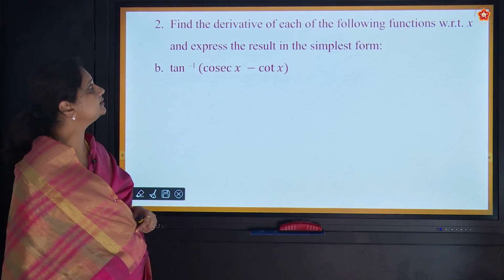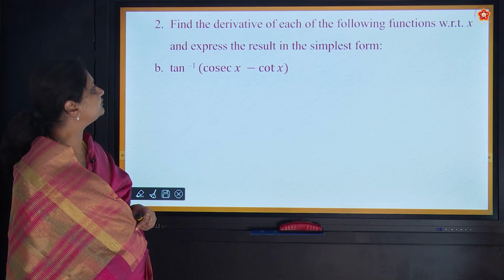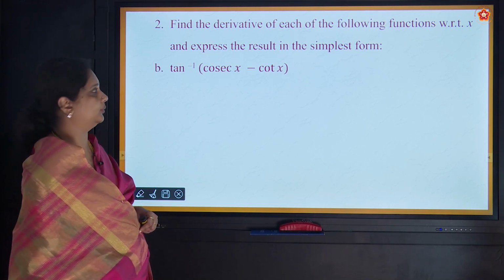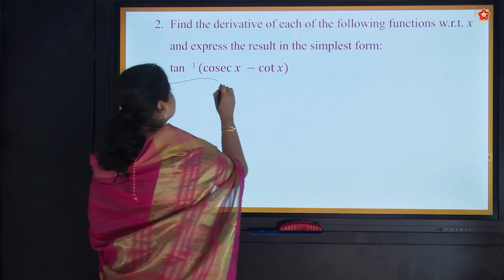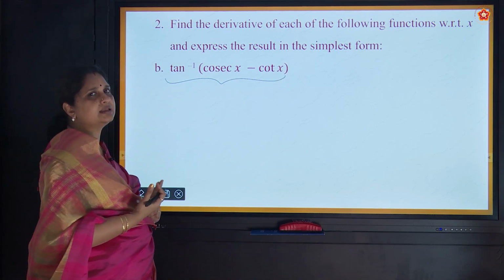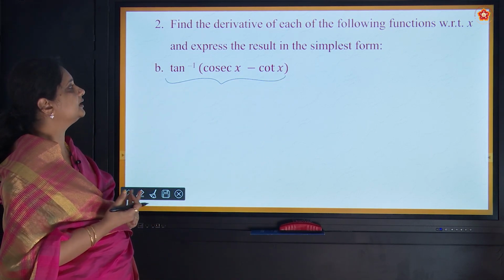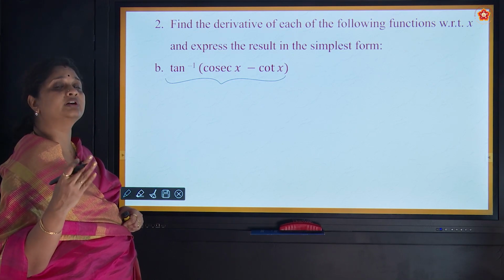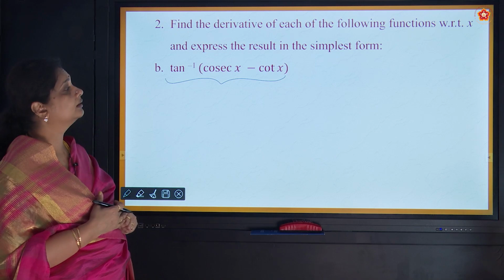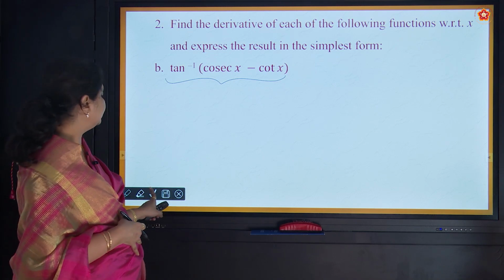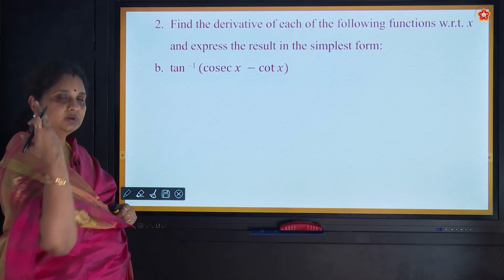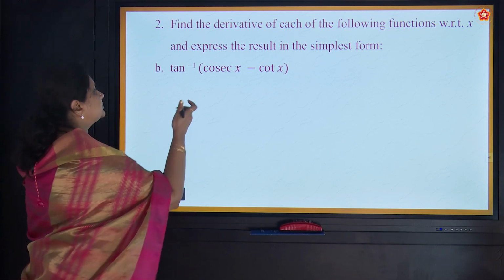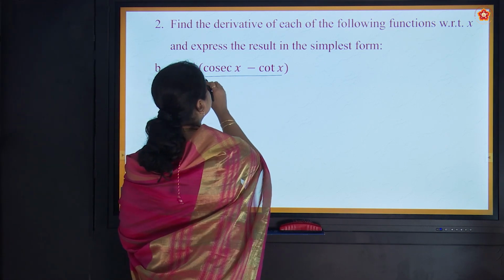So the next question is, find the derivative of the following function that we have. Look at this. You can see that the outermost function is an inverse function. Inside it is a sum or difference of two trigonometric functions. We can use the chain rule, but it's going to be very complicated. Instead, we can use our smartness and try to express this in terms of tan of something.